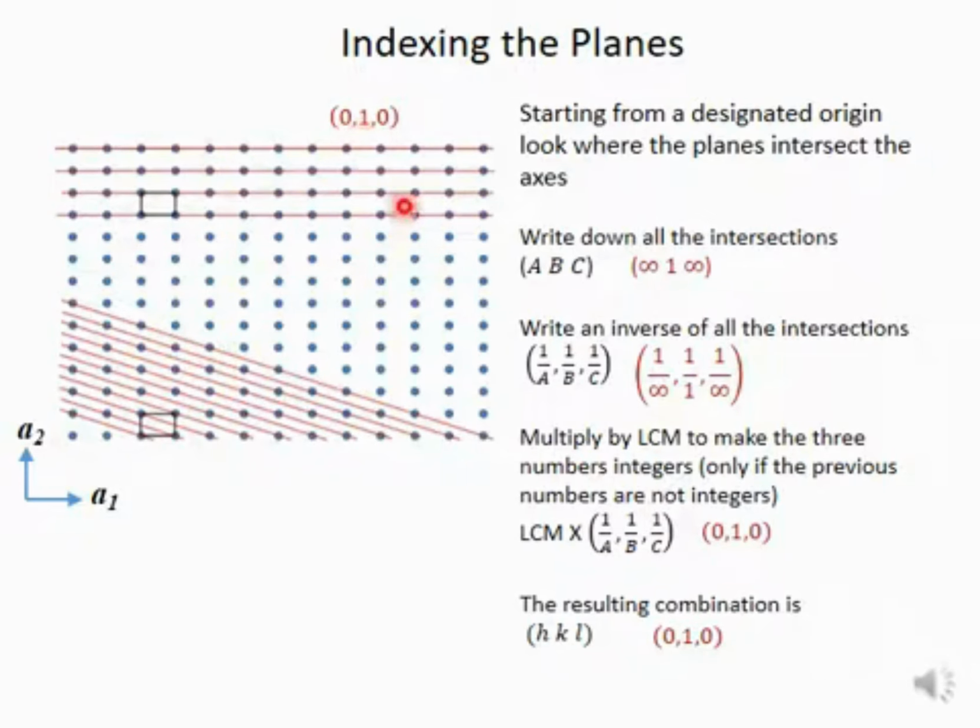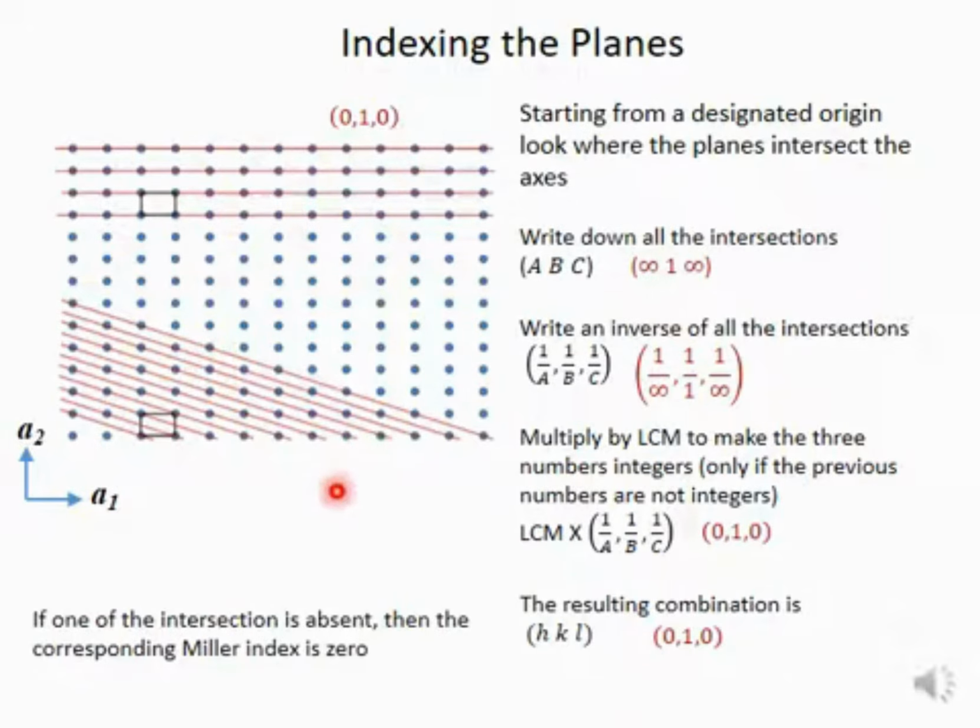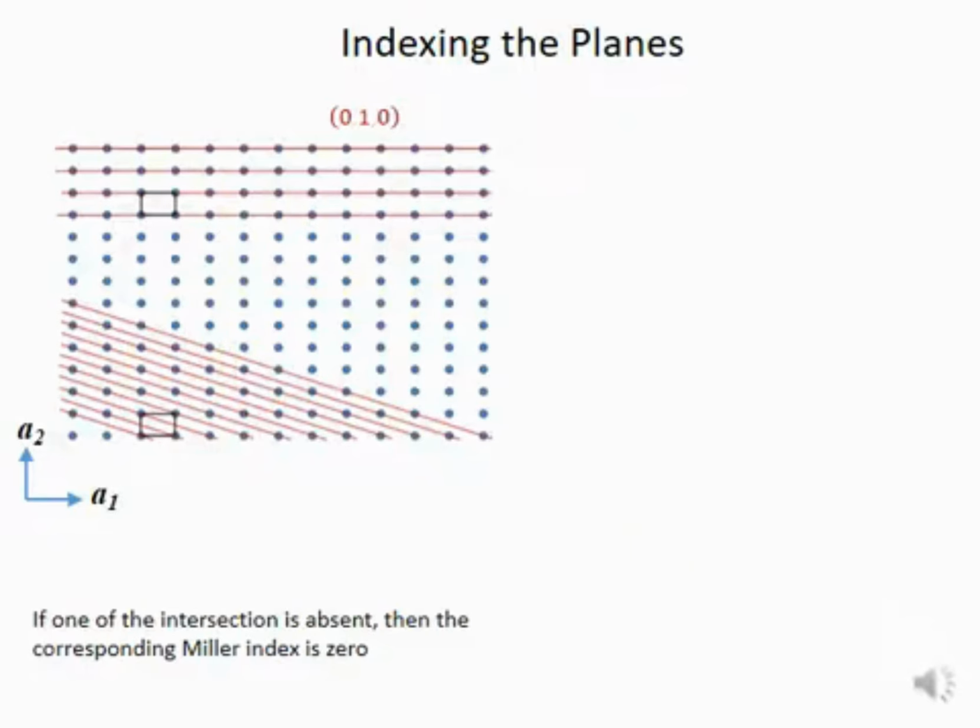So 0, 1, 0 are the Miller indices of this plane. If an intersection is absent, the corresponding Miller index is 0. So the plane is parallel along a1 and a3, which gives 0, and a2 gives 1.